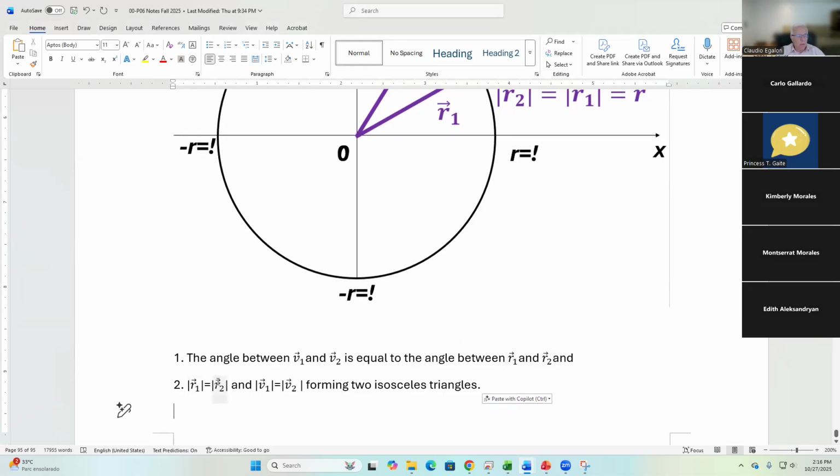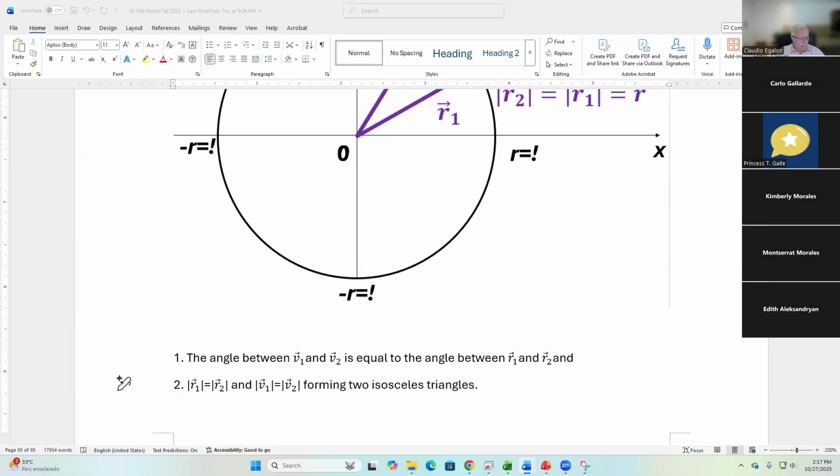And the magnitude of R1 is equal to the magnitude of R2. And the magnitude of V1 is equal to the magnitude of V2, right? The first follows from the fact that we have a circle. The second follows from the fact that we have uniform circular motion. That's how we find that out. Similar triangles.